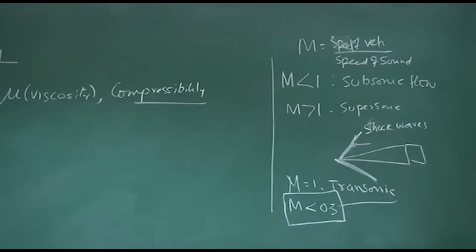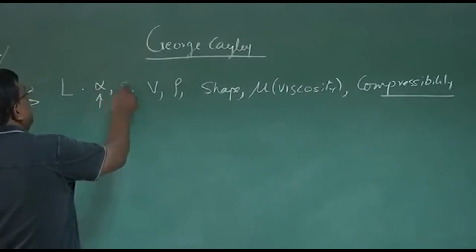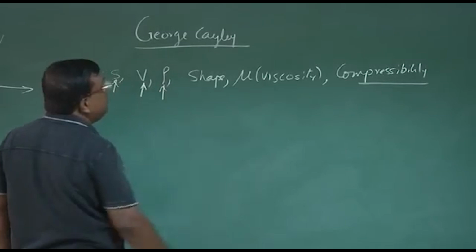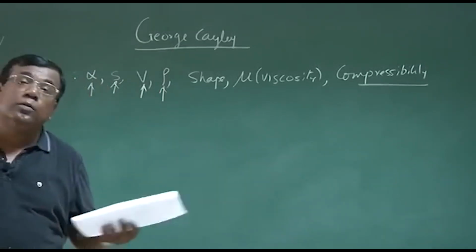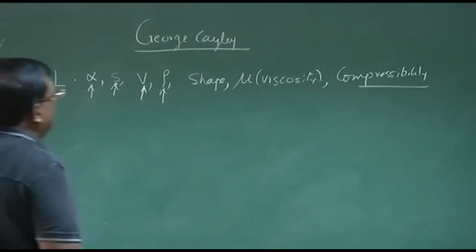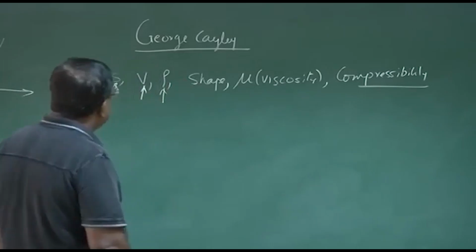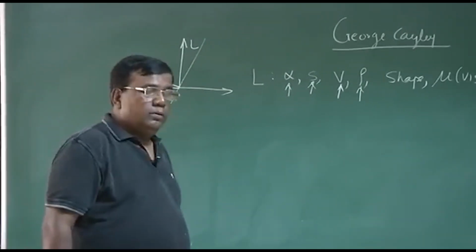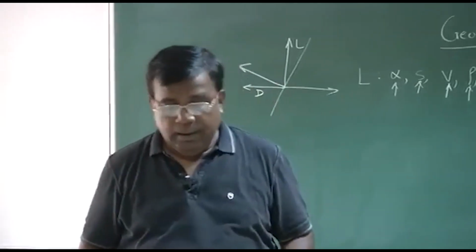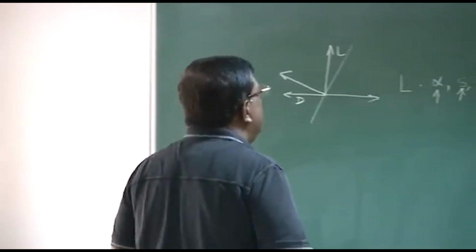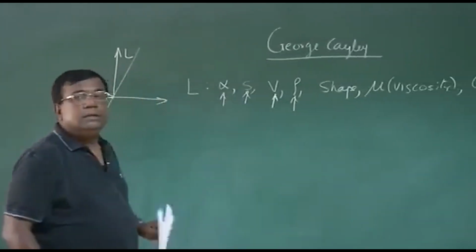Now see here, the lift is a function of alpha, area, velocity or speed, density, shape. Shape means, by now, aerofoil. What type of aerofoil? What is the contour of the aerofoil? Then viscosity and compressibility. Now imagine if I want to create a database where I need to know the lift for a given area S. What do I have to do?